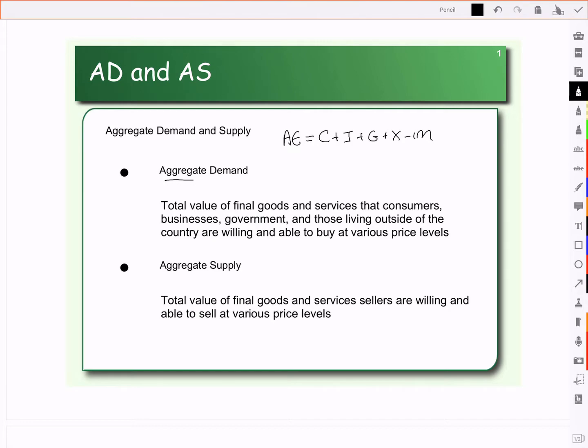We have households doing consumption spending, businesses doing investment spending, government spending, and then we have export spending, where people in other countries buy our goods. And then, of course, we have to subtract away the import spending, because that's where we're buying goods or services from other countries. So our aggregate demand, we proved in the last level, comes from this aggregate expenditures, the total spending in our economy, and looks at how it changes when we change the price level.